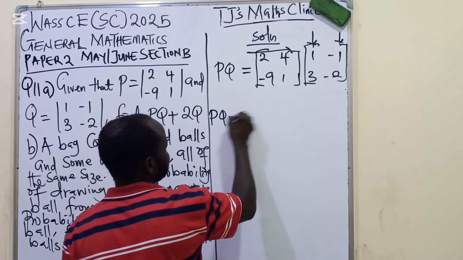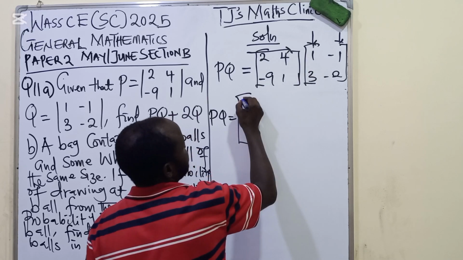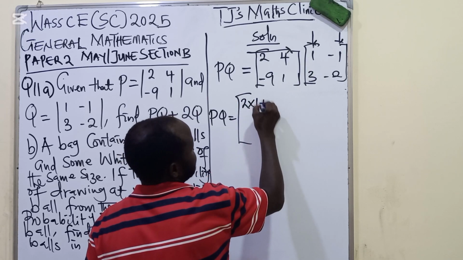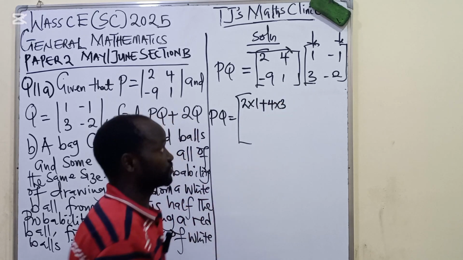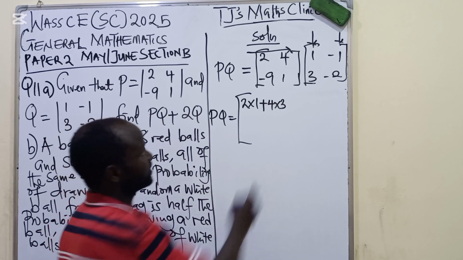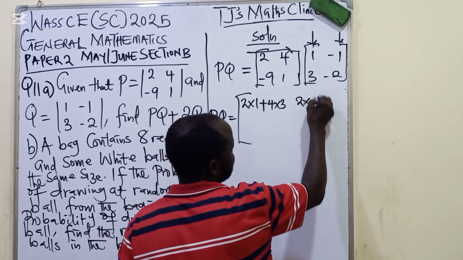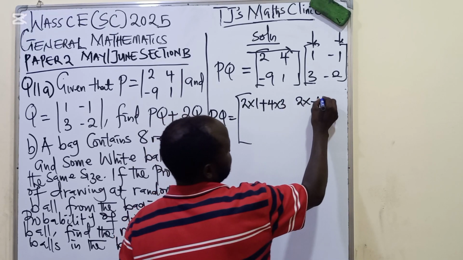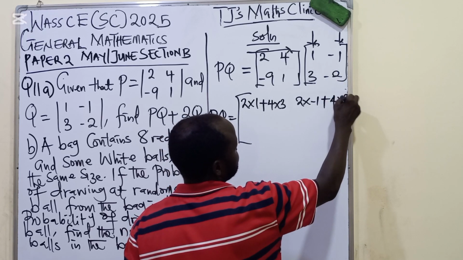PQ now will be 2 times 1, plus 4 times 3. Let me write it this way for clear understanding. Next will be 2 times minus 1, you leave a small space, then plus 4 times minus 2.